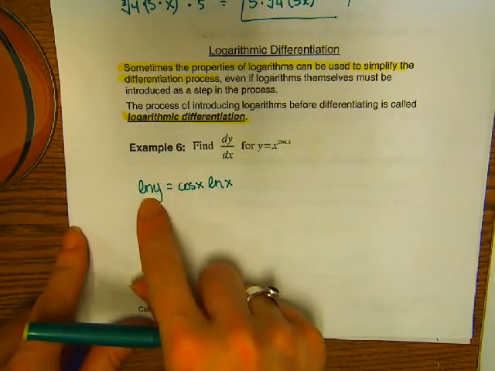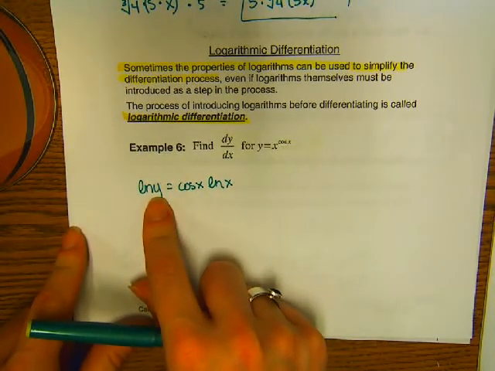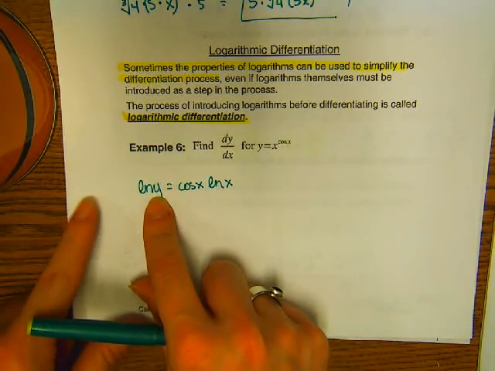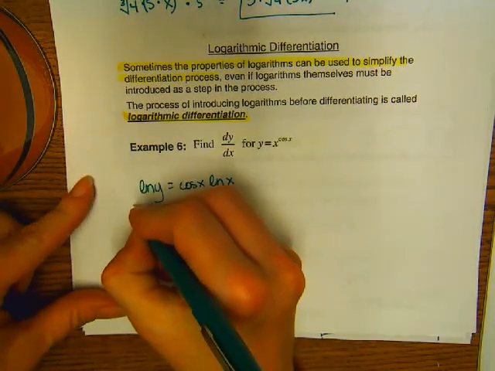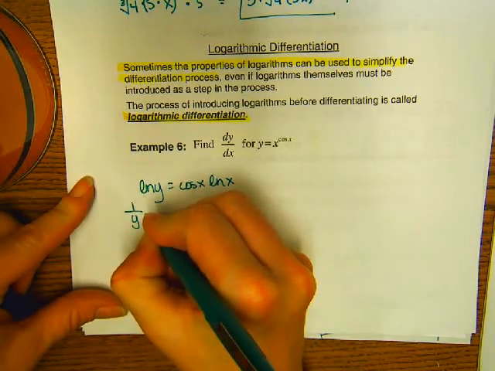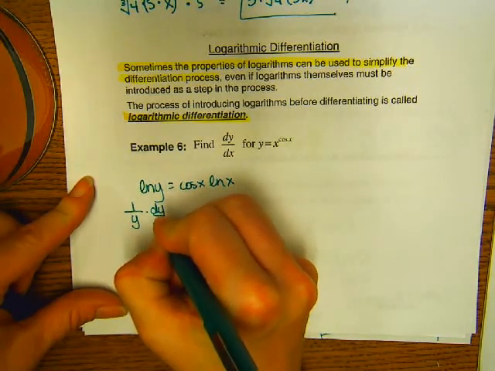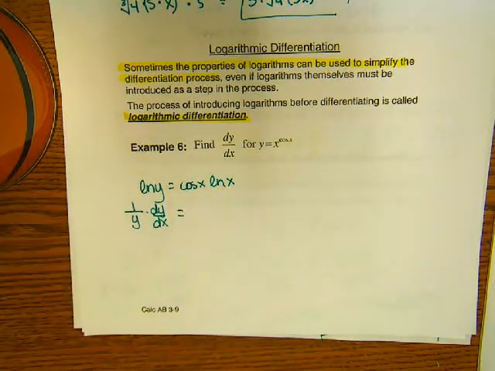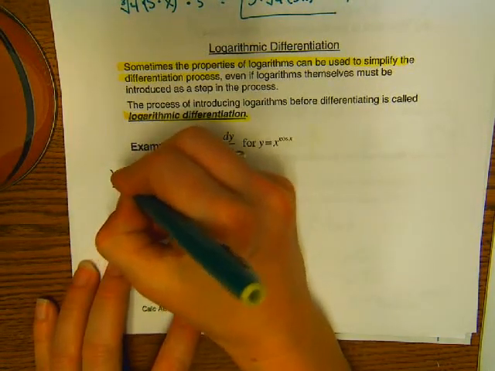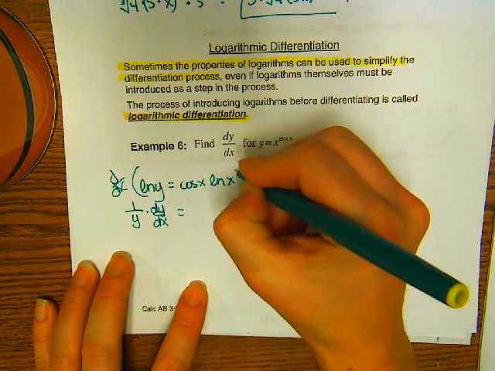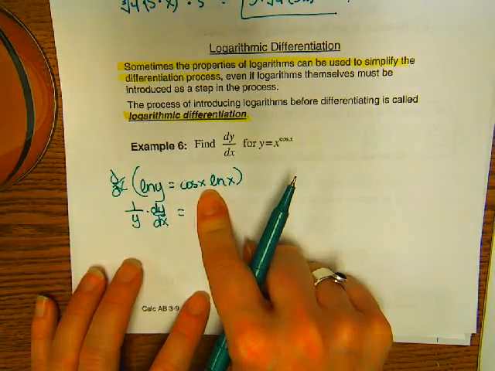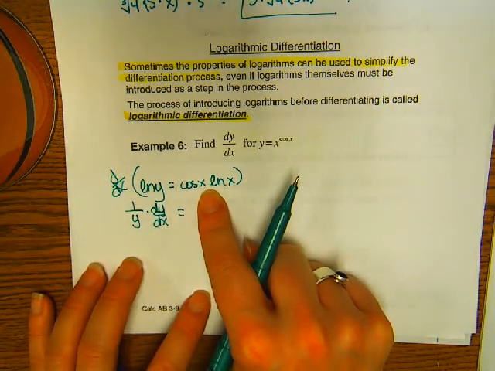All right. What's the derivative of natural log of y going to be? 1 over y dy dx. Focus. Over here, we're doing the derivative of both sides right now. Taking the derivative of both sides. Over on this side, isn't this going to involve product rule?